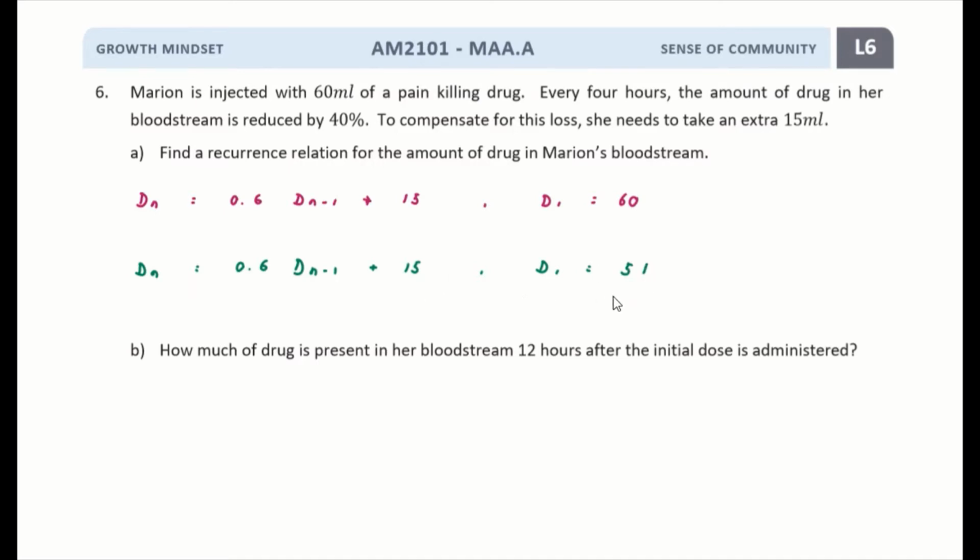So that becomes your initial term. I hope that you can see the difference between these two. You have the same recurrence, but you start with a different number.